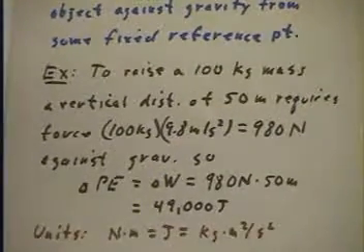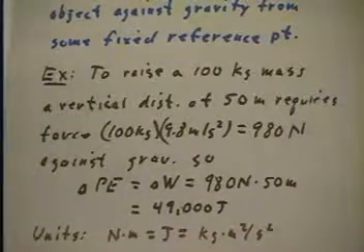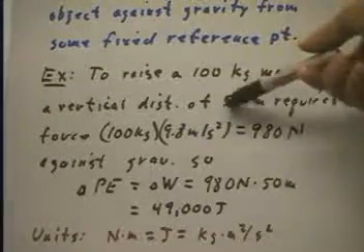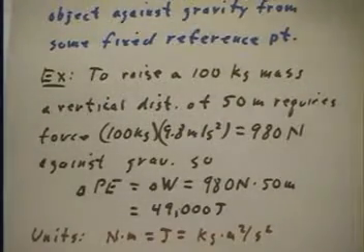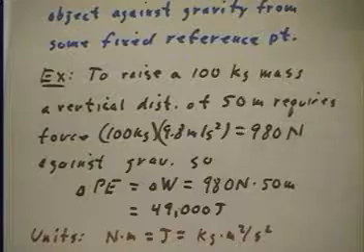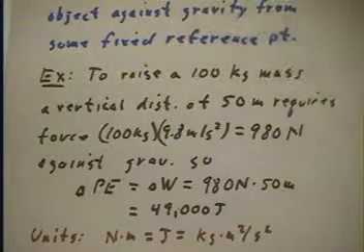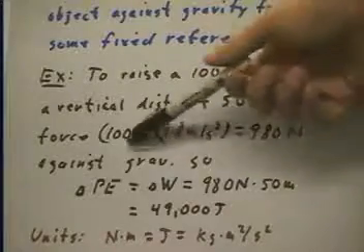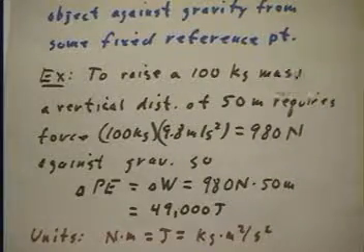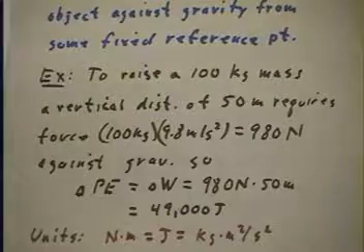So, as an example, if we raise a 100 kilogram mass a vertical distance of 50 meters, how much work does that require? Well, work is force times distance. How much force do we have to exert against gravity? Well, the weight of the object, 100 kilograms times 9.8 meters per second squared, or 980 newtons.